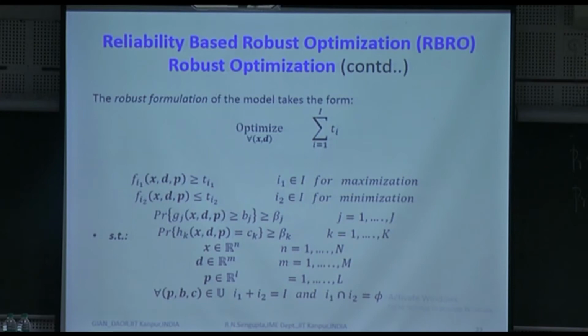If I want robustness values T11, T12, T13, and so on for the maximization problem, similarly I will have some robustness for the minimization problem. So I bring the function to the constraint, such that I try to maximize the Ti value such that f of x is always greater than that.